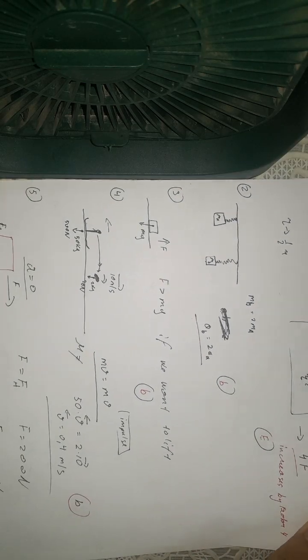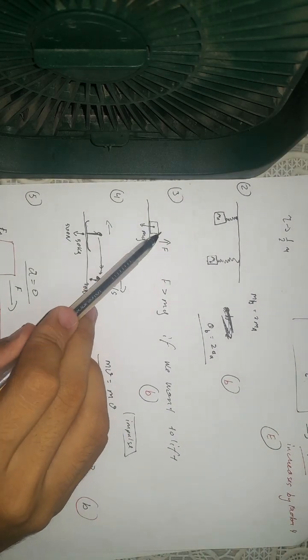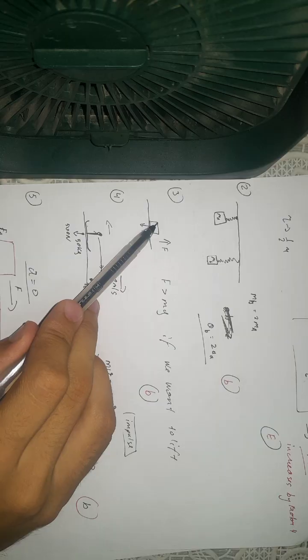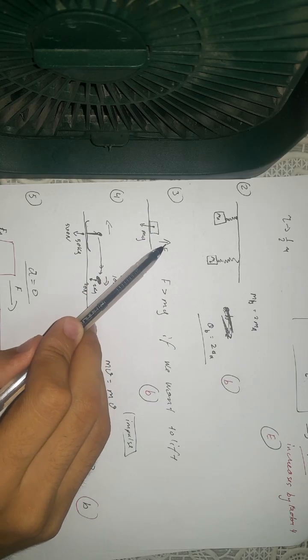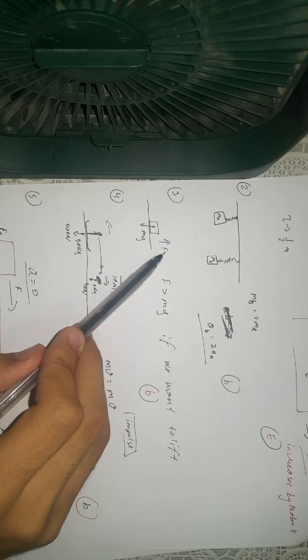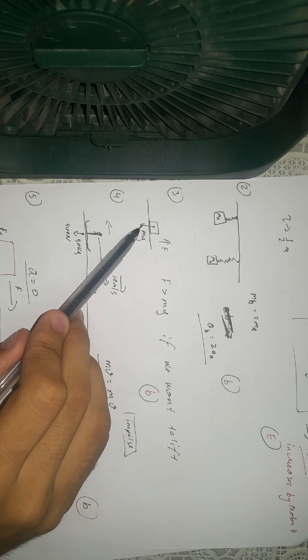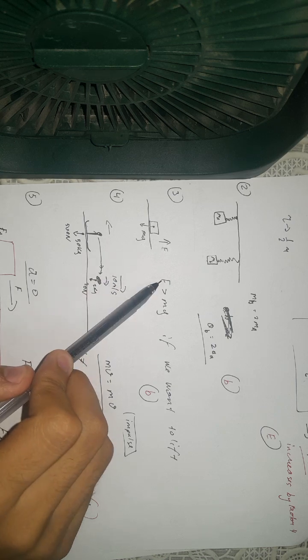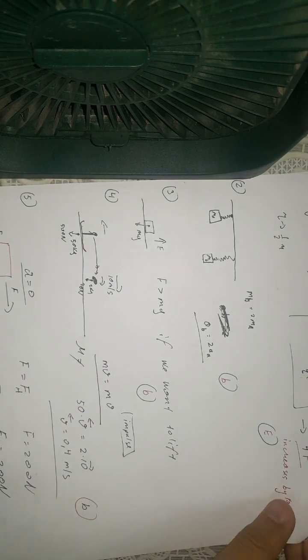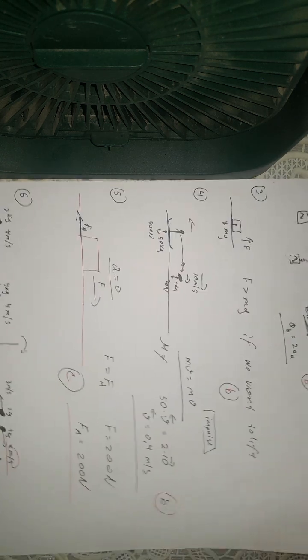The third question says that we have a body, and we have to lift this. To lift it, we have to use a force which is opposite to this and higher than this. So F has to be bigger than mg. So the correct answer is B.